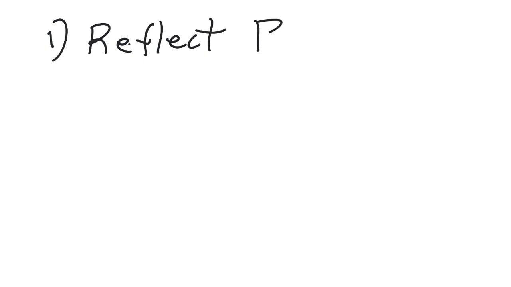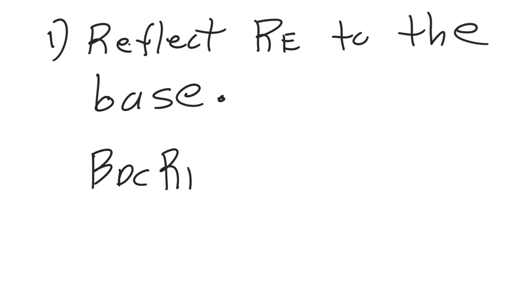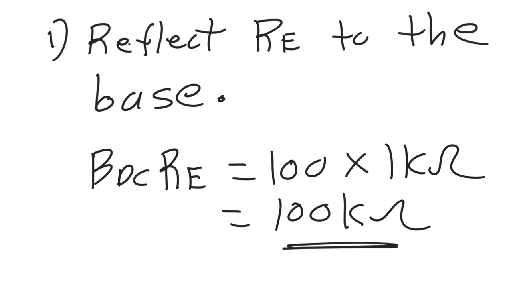So, okay, reflect resistor RE to the base. Okay, beta equals 100, RB equals 100 k ohms.